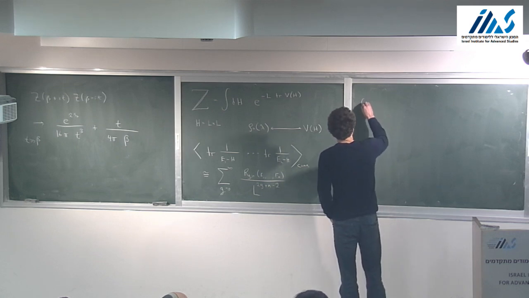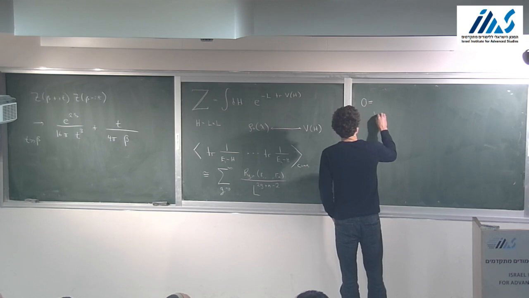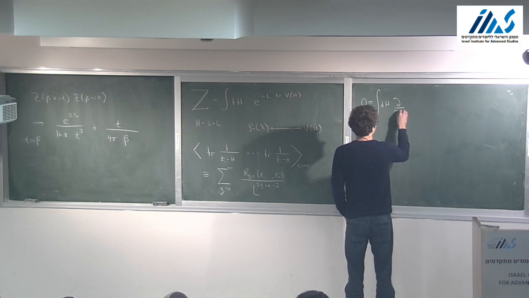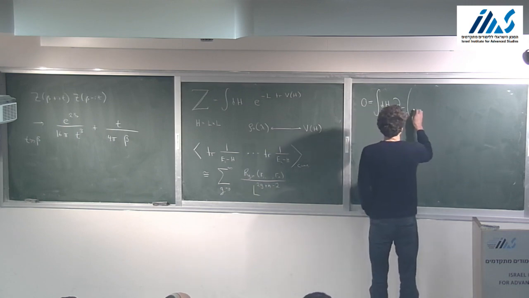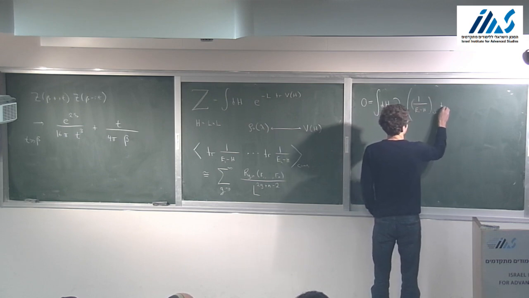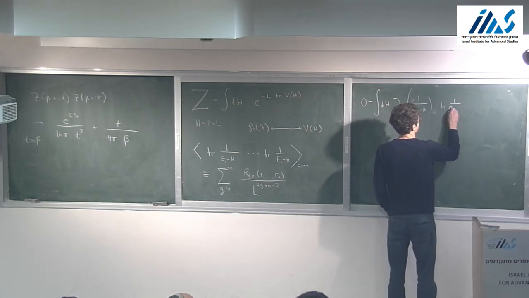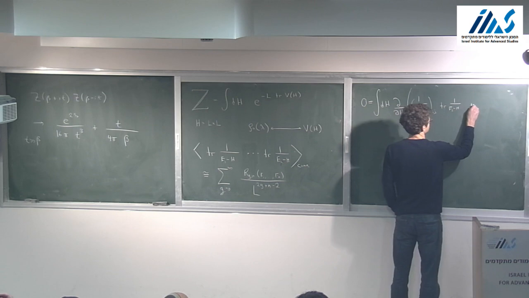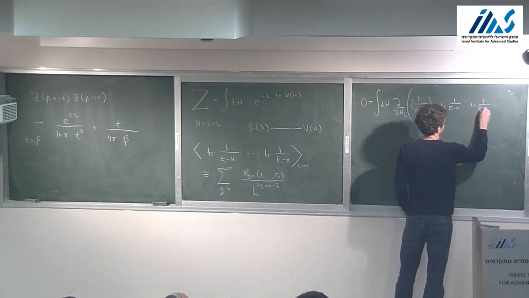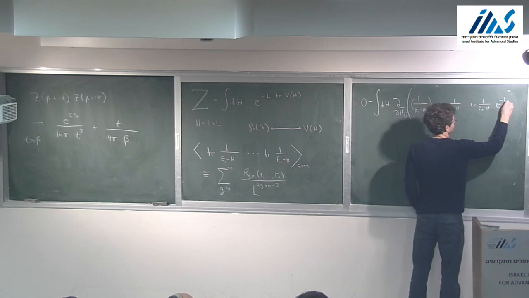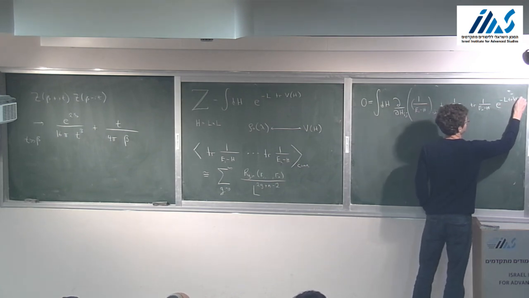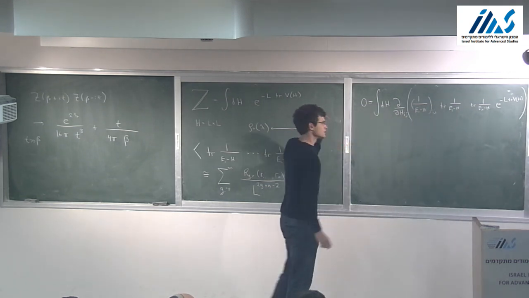But the loop equations are based on the following. We can write that 0 is equal to the integral of the derivative of something, where the something that we pick will be this expression here.